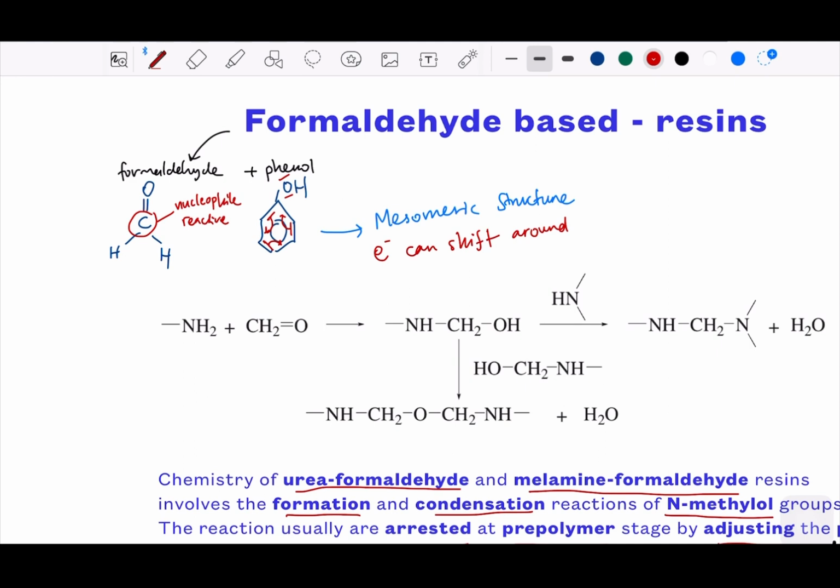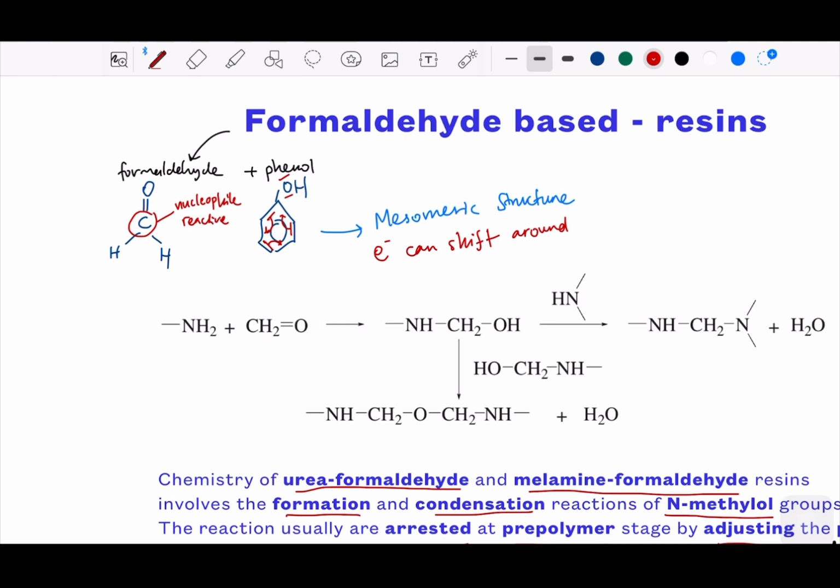And then you'll see that because we have the hydroxide on this phenol, it depends on what we are going to achieve. We can take the base catalyst or acid catalyst, and based on that, we can make the formaldehyde more or the phenol more.